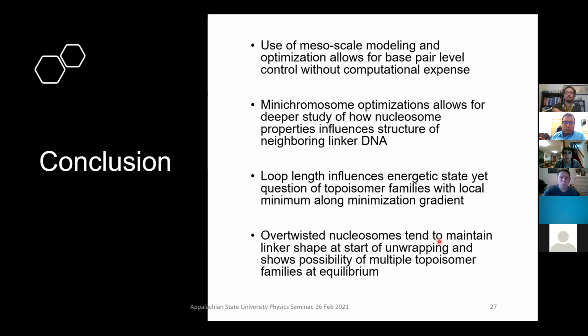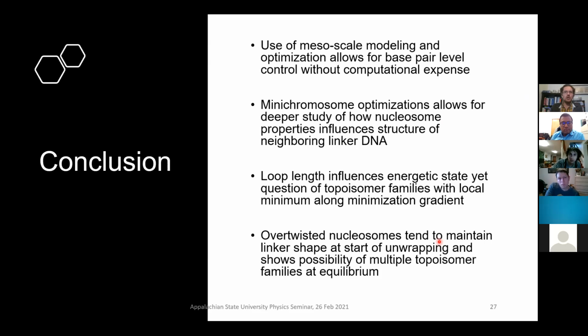So in conclusion, we use this mesoscale approach that allows us to both model and optimize different configurations of protein-bound and protein-unbound DNA without losing generality, but also making sure that it's computationally inexpensive.